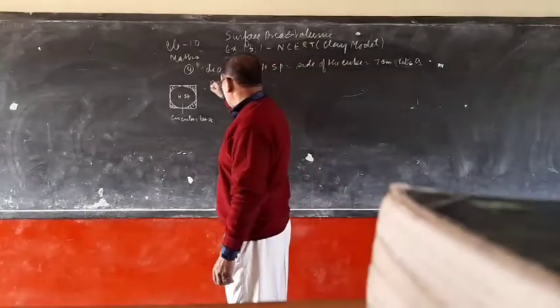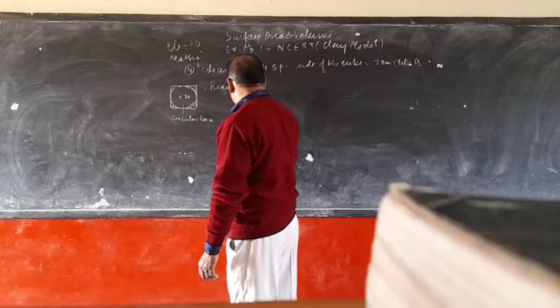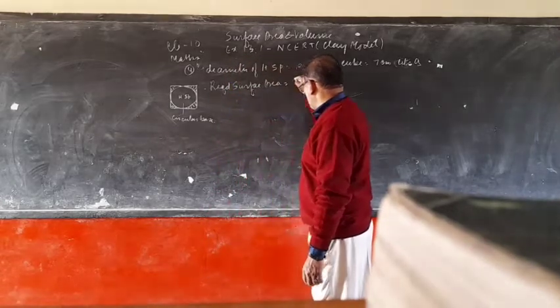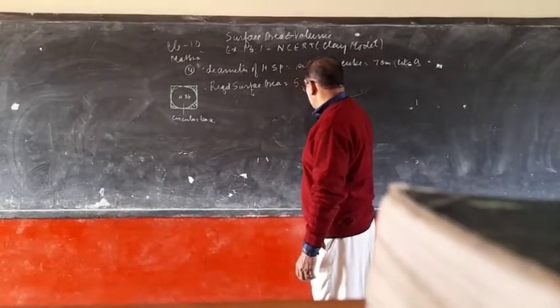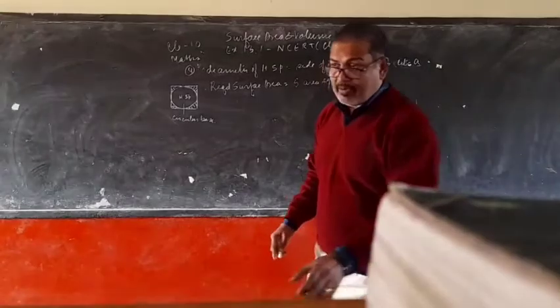So what will our required area be? Required surface area is equal to 5 into area of square. Why 5 into area of square?